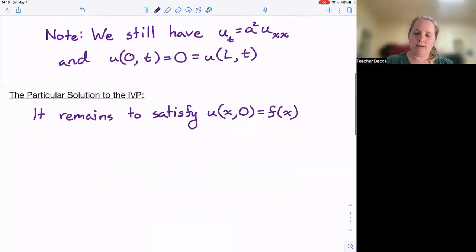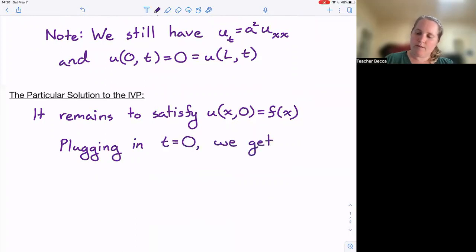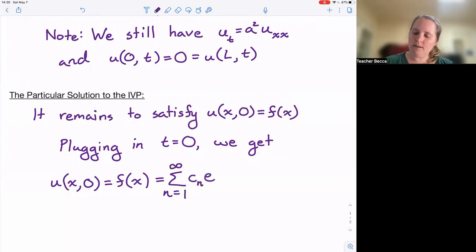So if we just go ahead and plug in t equals 0, we get u of x,0 is f of x, and this is the same as the sum from n equals 1 to infinity of c sub n times e to the negative a n pi over L whole fraction squared times 0 times sine of n pi over L x.